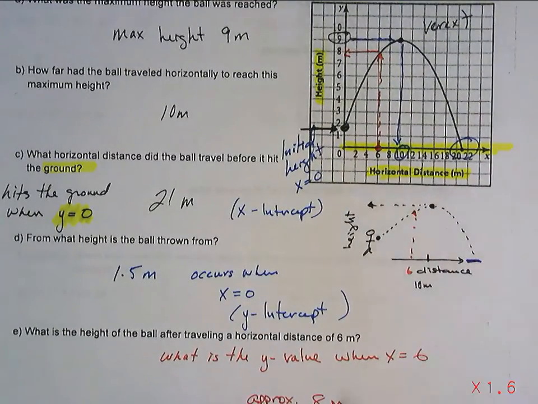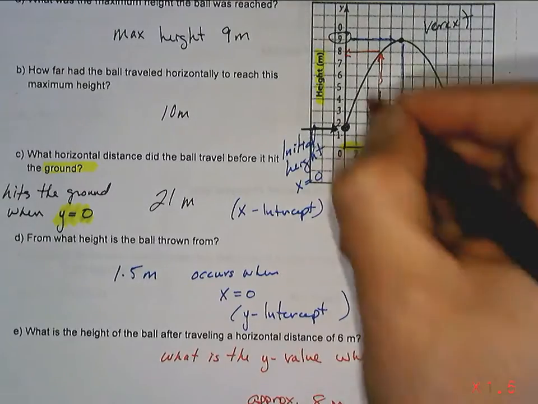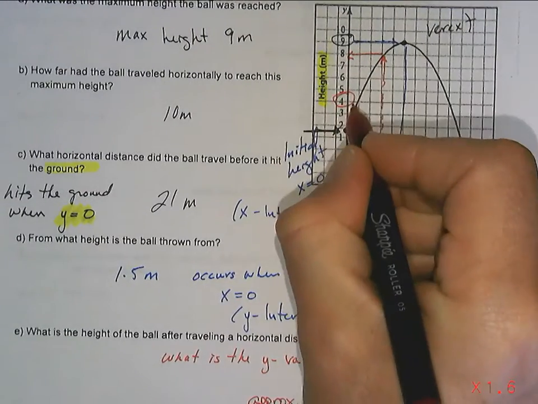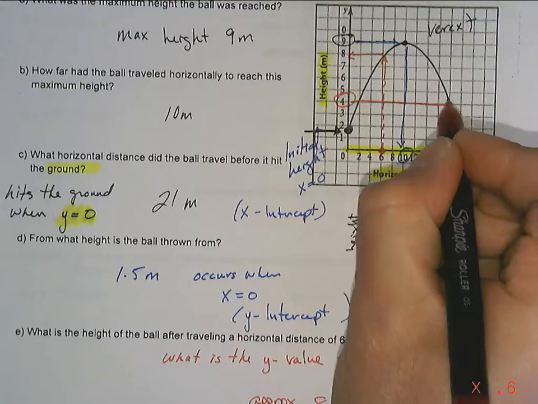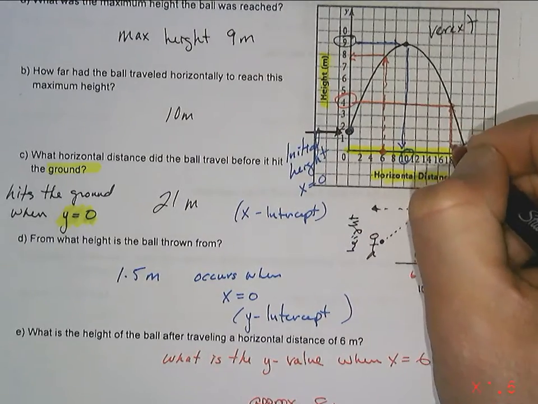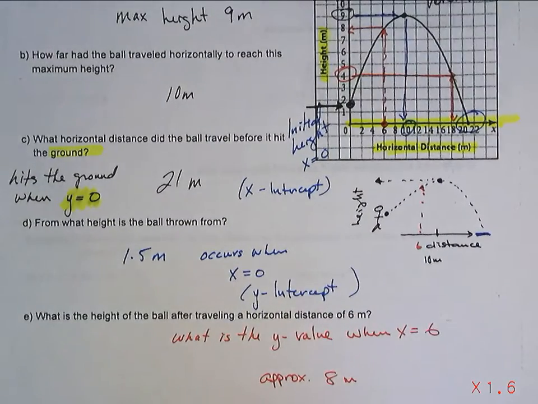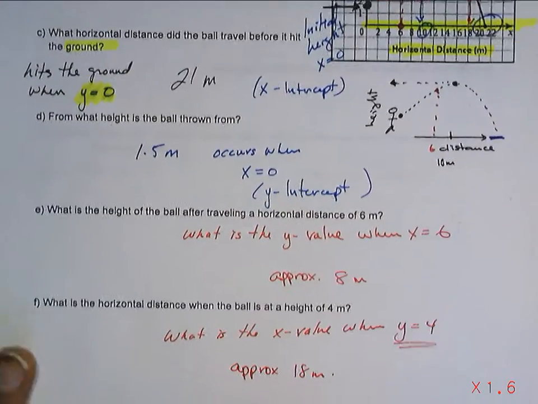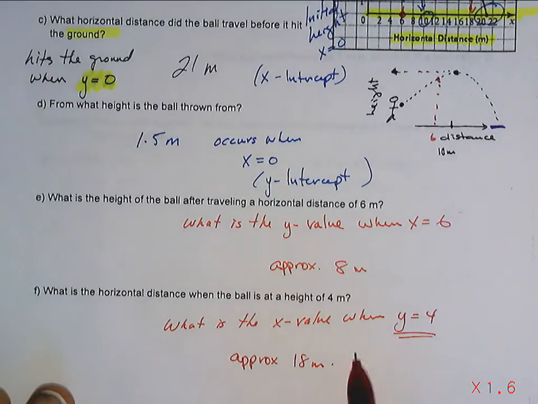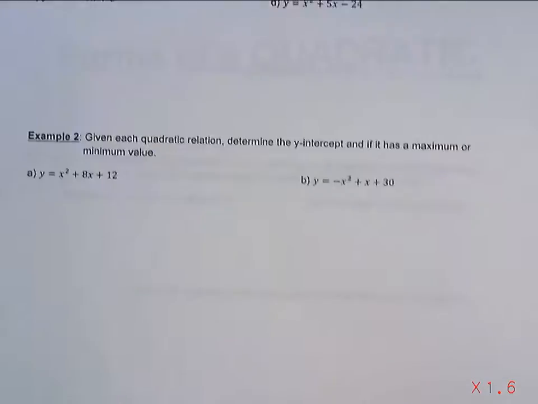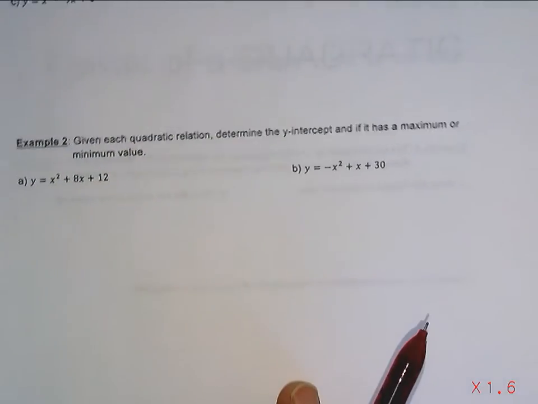So I go to y equals 4 this time. I come across until I hit the graph, and then I come down, and it's approximately 18 meters. And that's the answer for that one. So there you go. Let's flip over and do example 2.